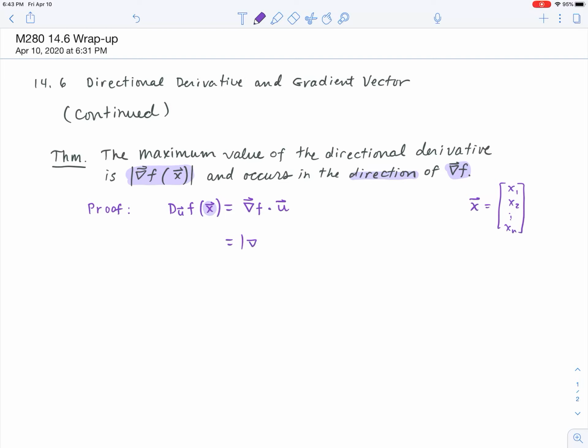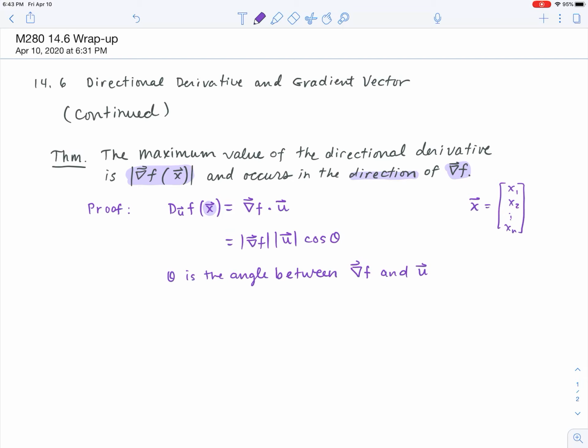We can look at the magnitude of the gradient vector times the magnitude of the unit vector times cosine theta, where theta is the angle between the gradient vector and the unit vector in the direction that we want to take the derivative in.